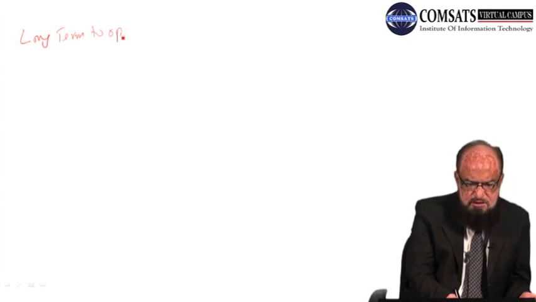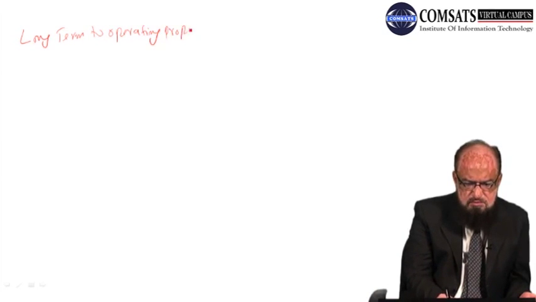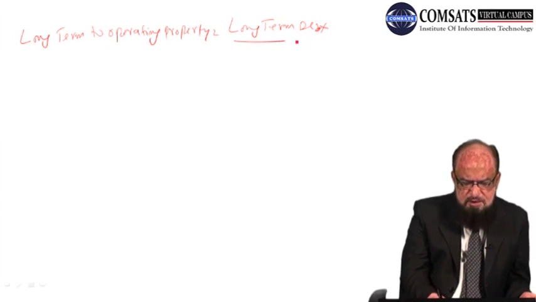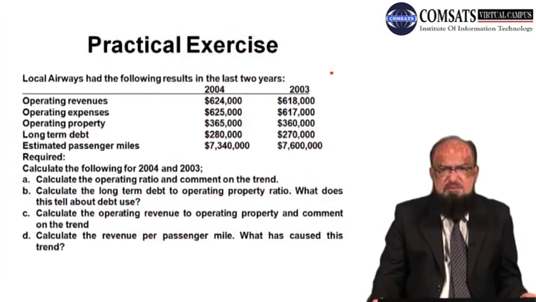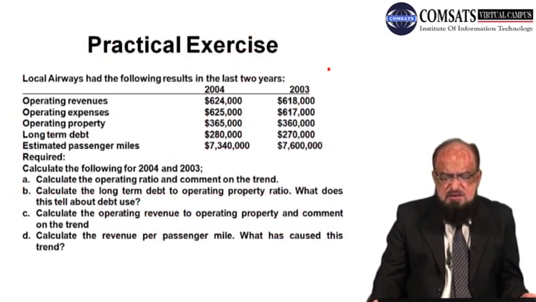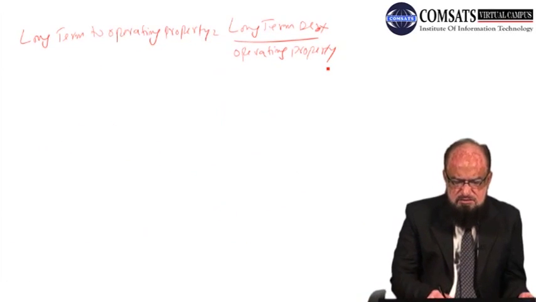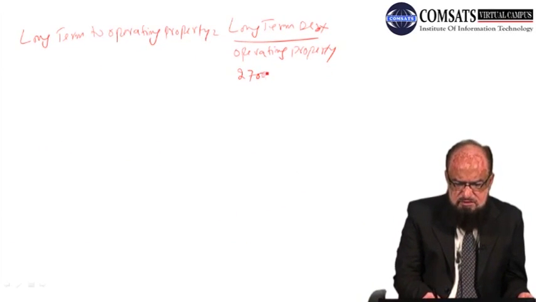The formula will be the same: long-term debt divided by operating property. The data is given in the question, so we take it from there. Long-term debt for year 2003 is 270,000 and operating property is 360,000. 270,000 divided by 360,000.